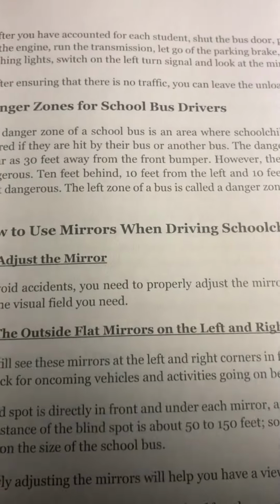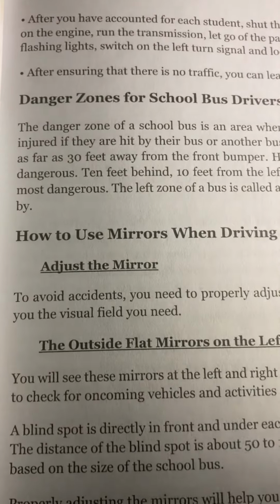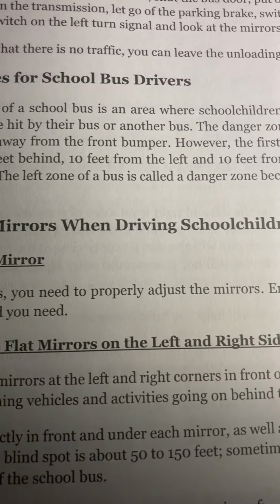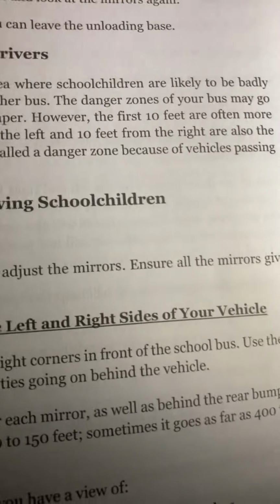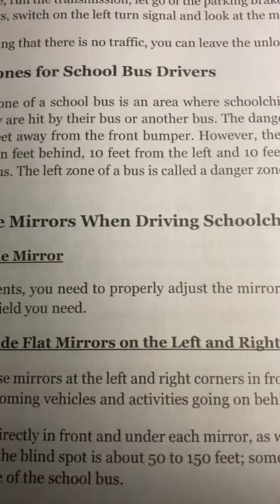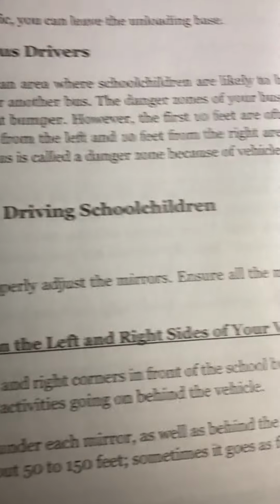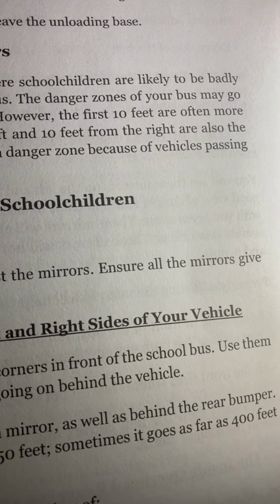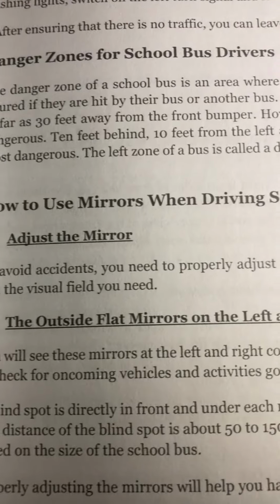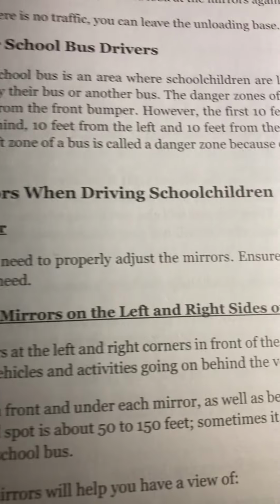Danger zones for school bus drivers. The danger zone of a school bus is an area where school children are likely to be badly injured if they are hit by their bus or another bus. The danger zones of your bus may go as far as 30 feet away from the front bumper.